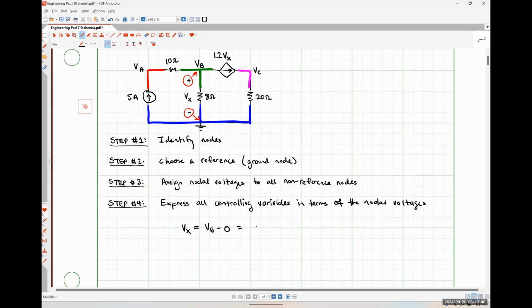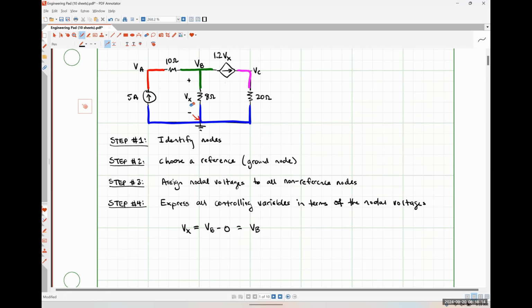So Vx and Vb represent the exact same thing. So just to recap, whatever node is at the positive polarity terminal minus whatever node or nodal voltage is at the negative polarity terminal is how we're going to define any voltage that we're interested in that effectively just isn't a nodal voltage itself. Okay.